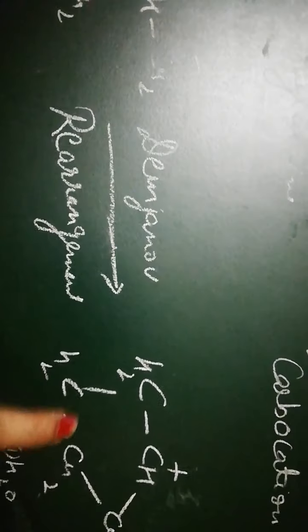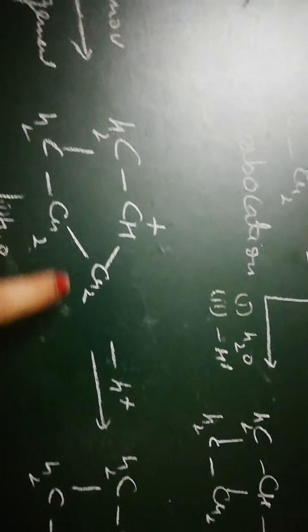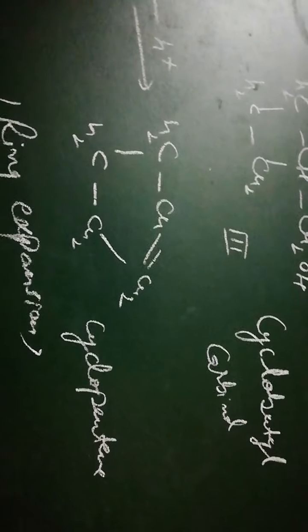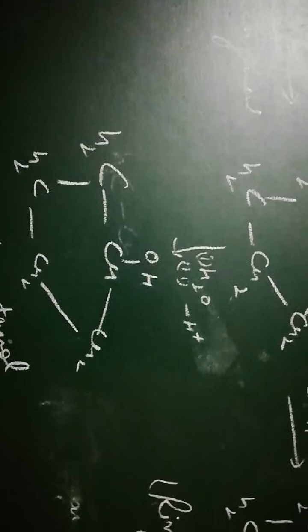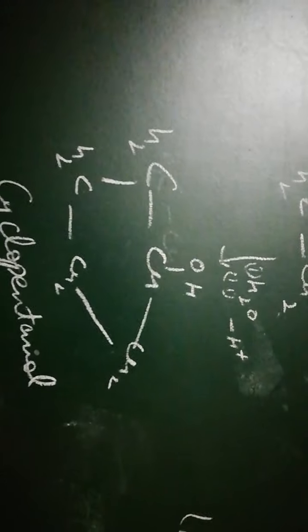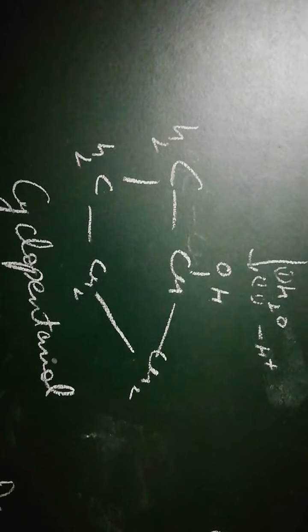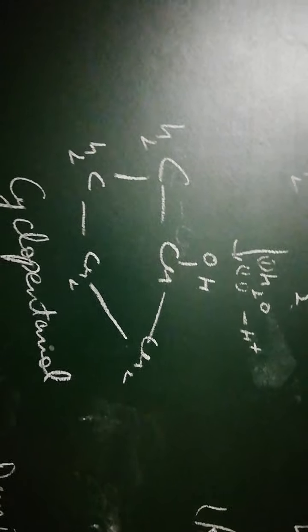Please note down that in this reaction ring expansion has taken place. From a 4-membered ring it has been converted to a 5-membered ring. Now there are two probabilities. If it loses a proton, we will get this product, that is cyclopentene. And if it undergoes hydrolysis and loses a proton, we will get this cyclopentanol. Here also ring expansion has taken place.